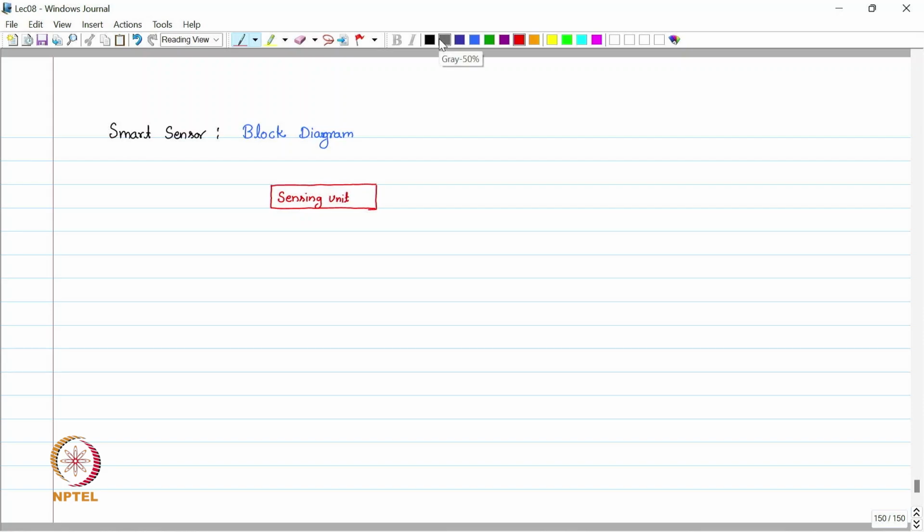This is the traditional sensor which is sensing the environment and generating the electrical signal. This signal is actually received by the signal conditioning unit.